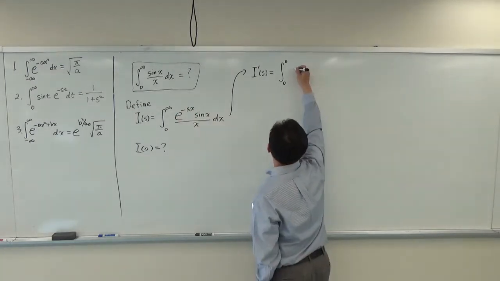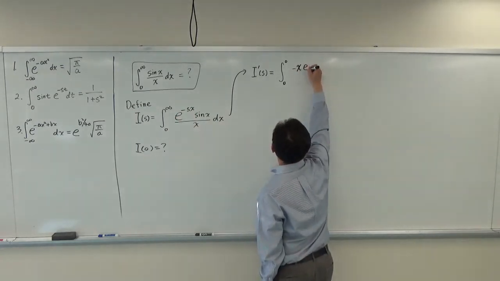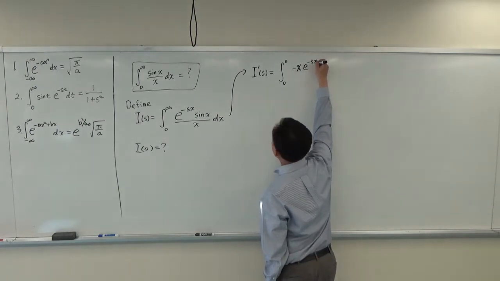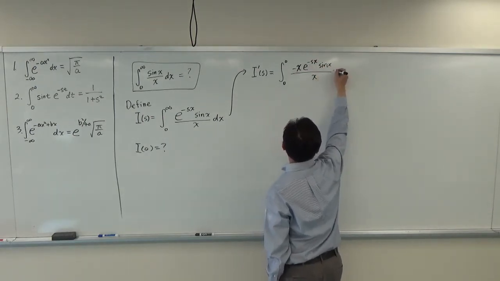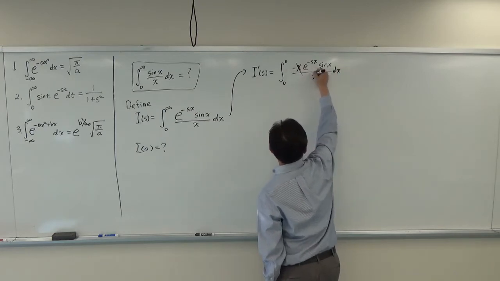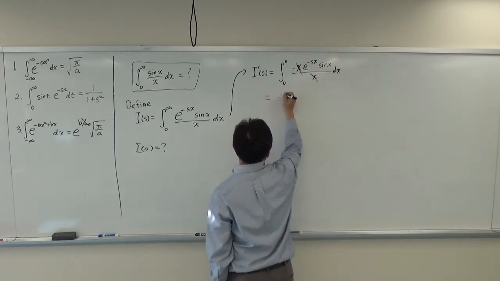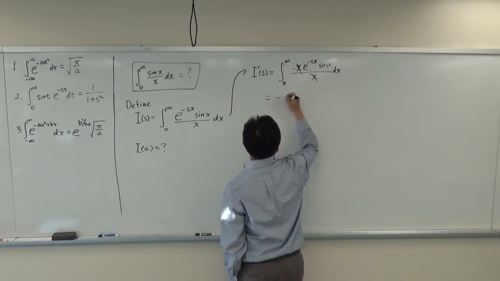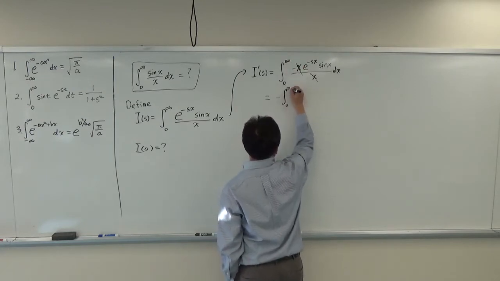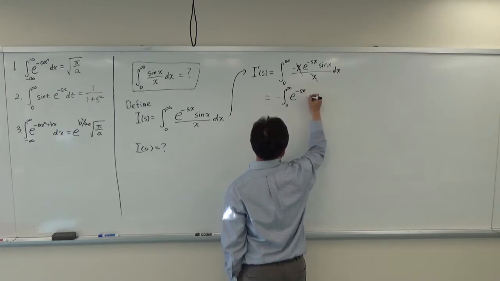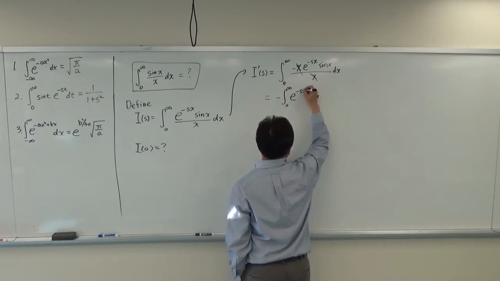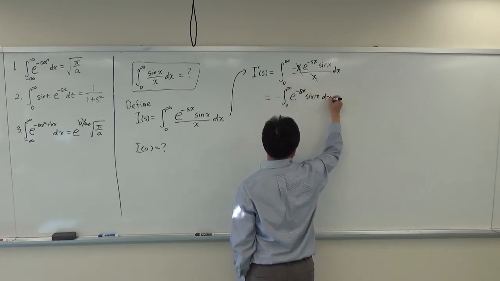So that's going to give you negative x e to the negative sx sine x over x dx. x and x cancels, and you get negative of the integral from 0 to infinity of e to the negative sx sine x dx.